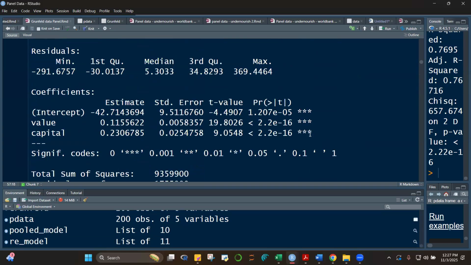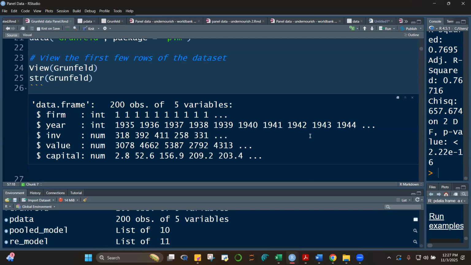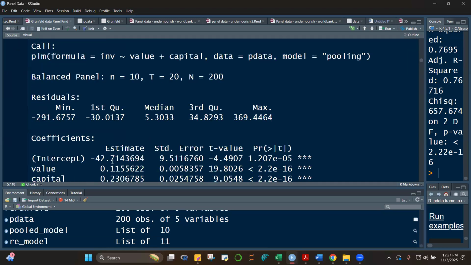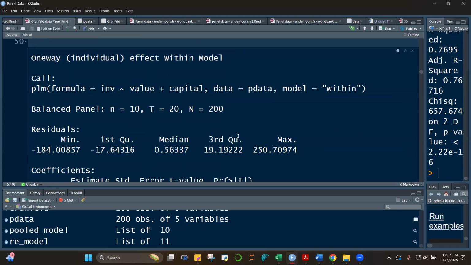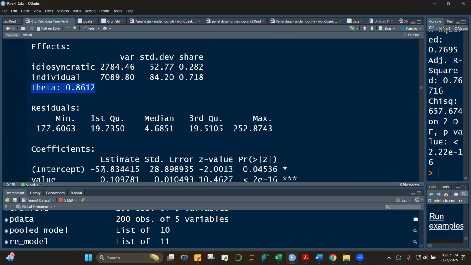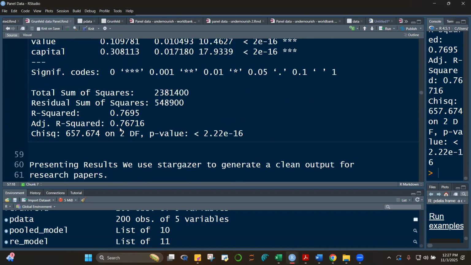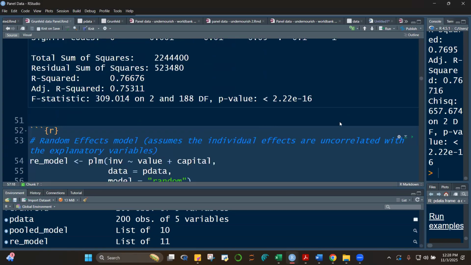Will the decision be based on the adjusted R squared? If it's adjusted R squared, then pooling will win because it can explain 81%. The last will be random effects because 75% lang, no? 76 pala, 76 for random. Pooled is 75.31 lang.